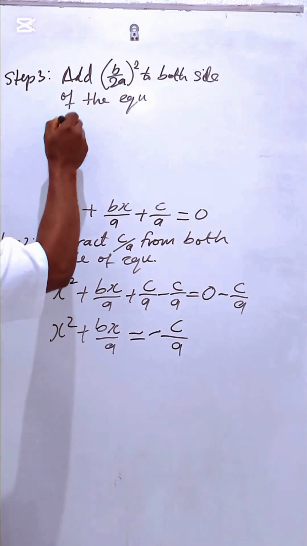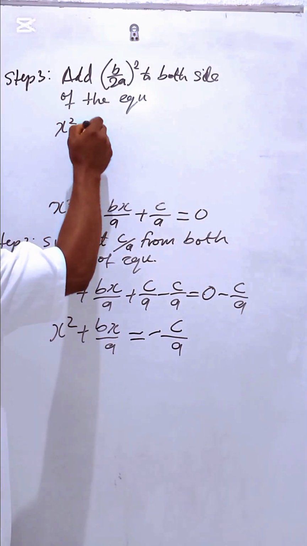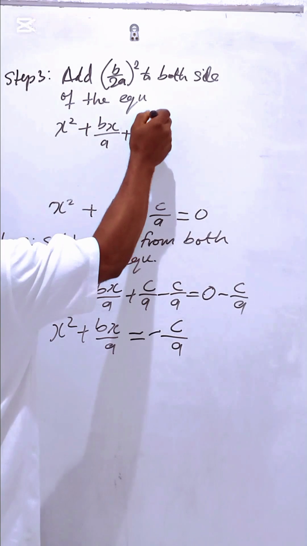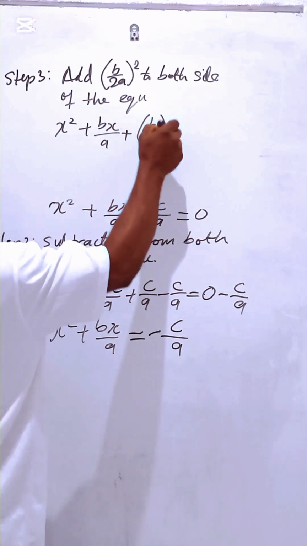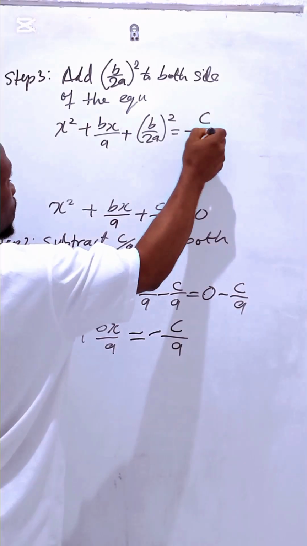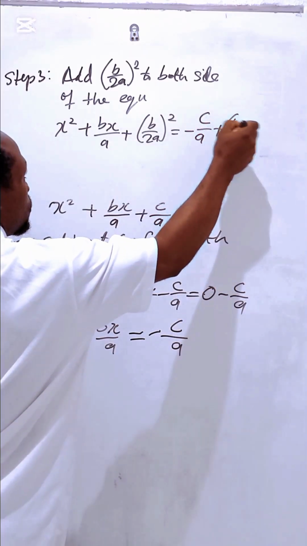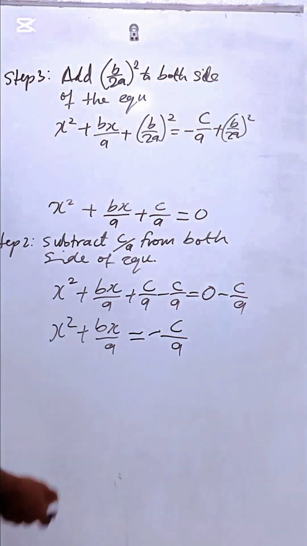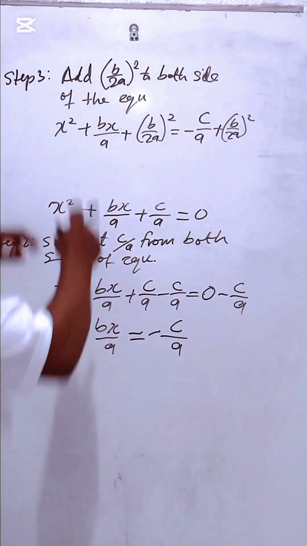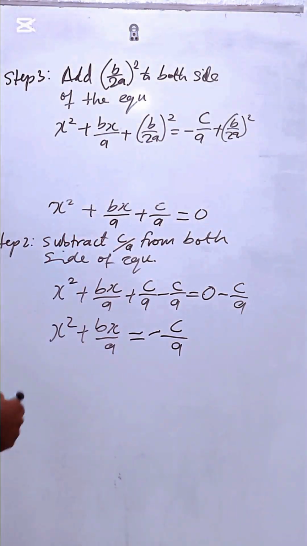So this becomes x squared plus bx over a plus b over 2a squared is equal to minus c over a plus b over 2a squared. Now this value b over 2a squared makes this expression here a perfect square.